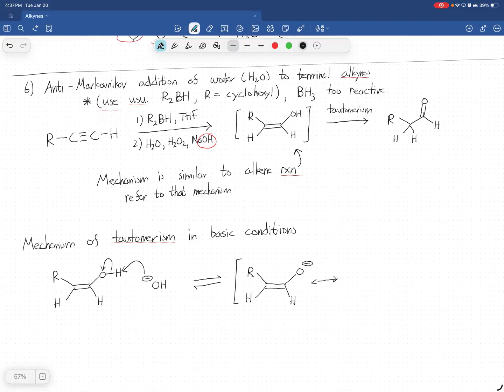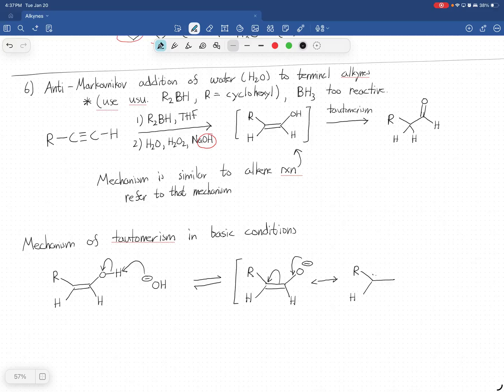Yeah, resonance. So let's bring that negative charge down to reform the double bond to the carbon and oxygen, like that. And then this is going to jump up onto this carbon. That kind of resonance structure. Okay? So what happens here now is this negative charge is now going to be on this carbon atom.